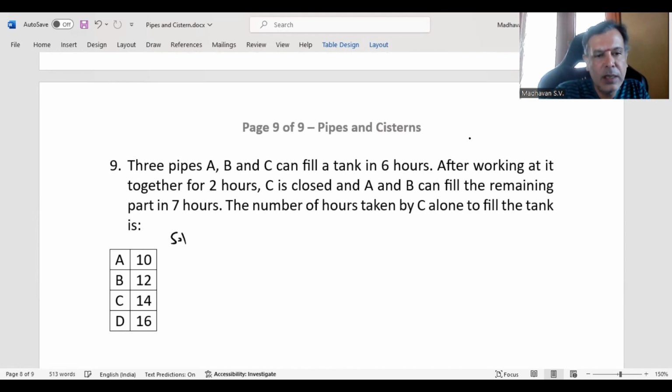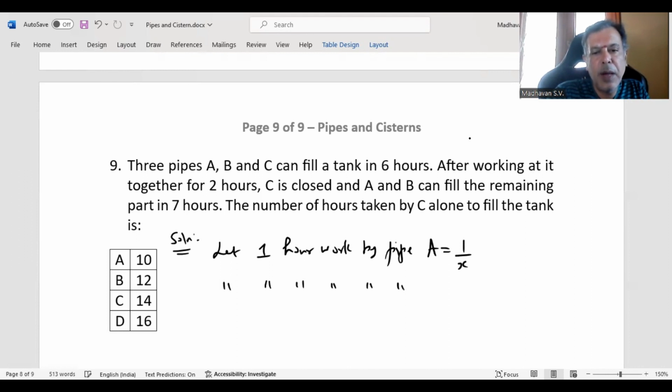So from the information provided, A, B and C, let us say, let 1 hour work by pipe A equal to 1 by x. Let 1 hour work by pipe B equal to 1 by y.